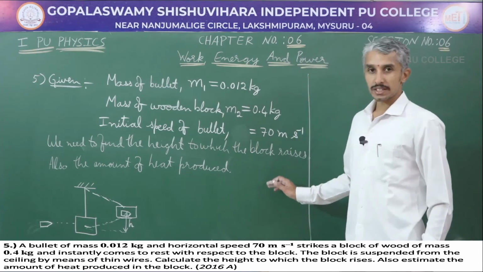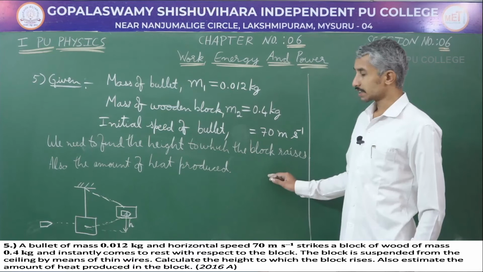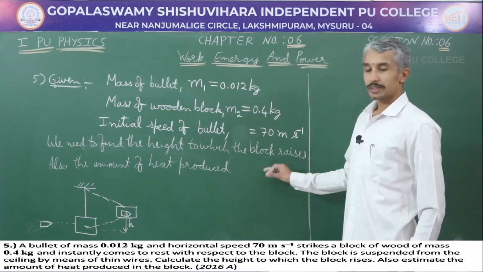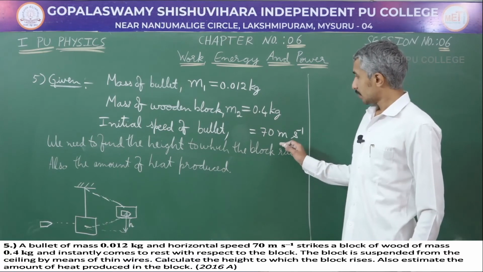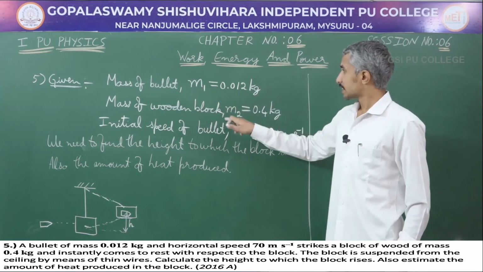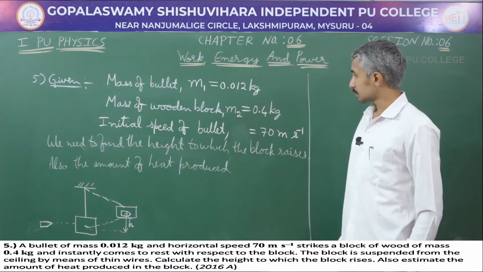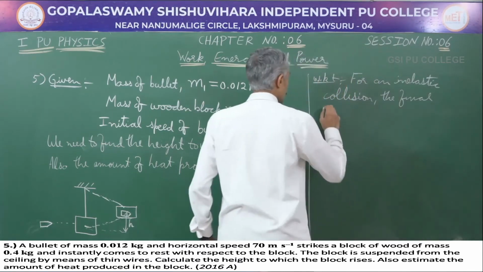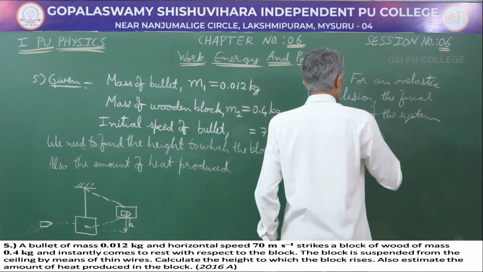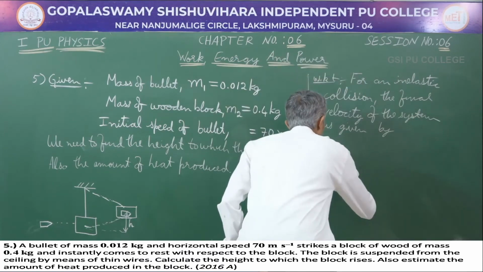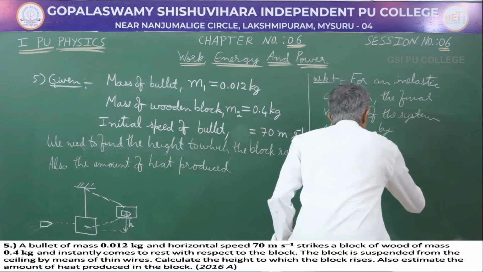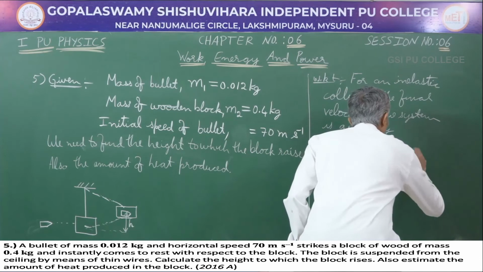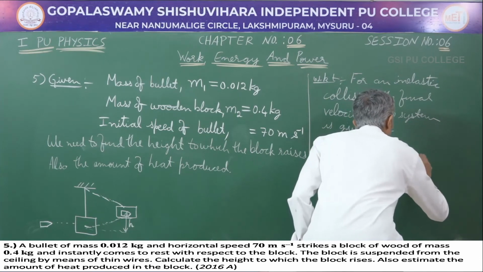This is related to inelastic collision, so we will make use of the equations that we have derived in case of inelastic collision. In case of an inelastic collision, the final velocity of the bullet and block system is given by, let us take this as Vf, it is m1 divided by m1 plus m2 into V1i.